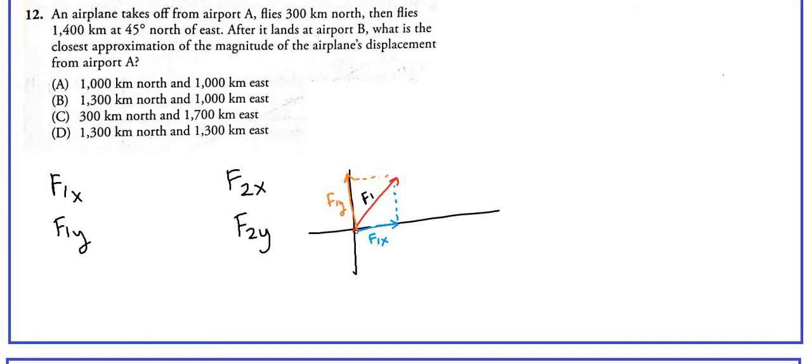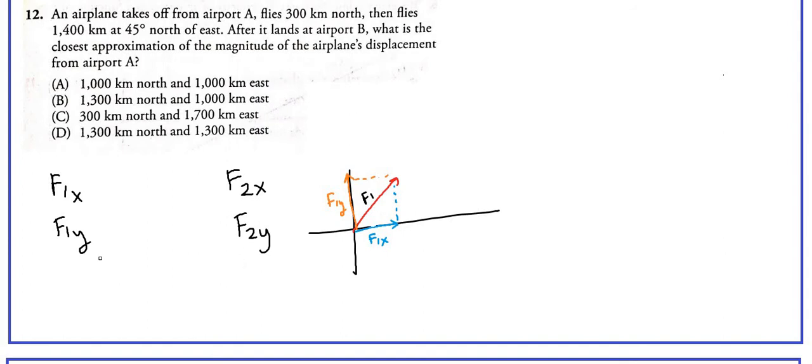We decompose vector f into x and y components. We decompose vector 2 into x and y components, and we add their x components and their y components to get the resulting vector.